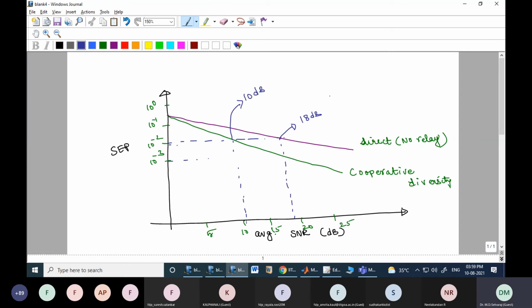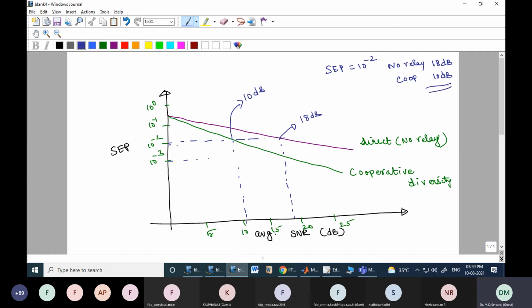So that means to achieve an SCP value of 10 to the power of minus 2, without relay, the no relay case needs 18 dB of SNR, whereas the cooperative requires 10 dB of power.